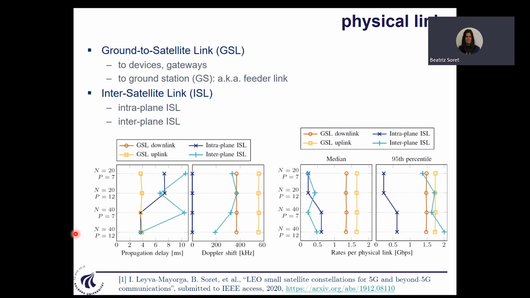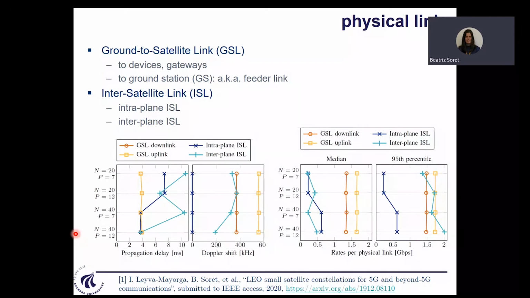This is a classification of the physical links, but I already mentioned more or less these two links, the ground-to-satellite link and the inter-satellite link. For the ground-to-satellite link, it's important to mention that it can be to the UEs or to the final device or some gateway that is collecting information from several devices.